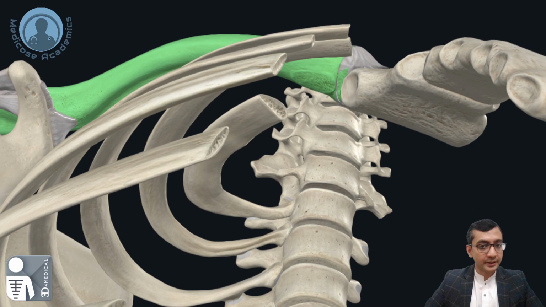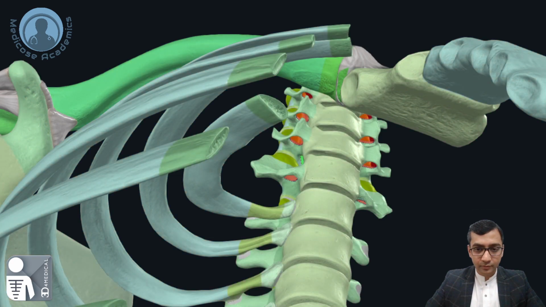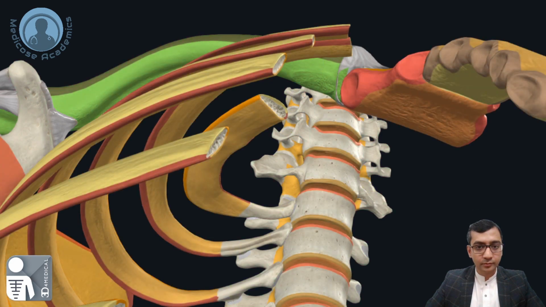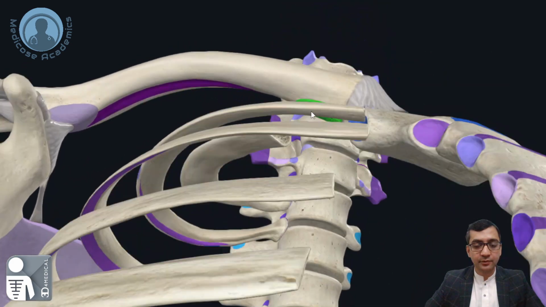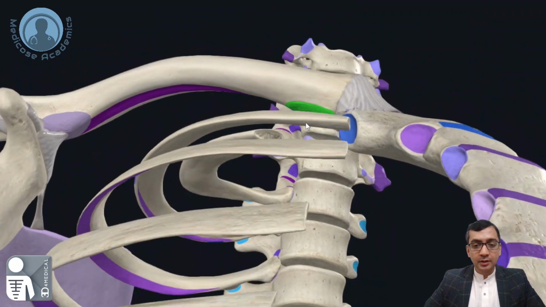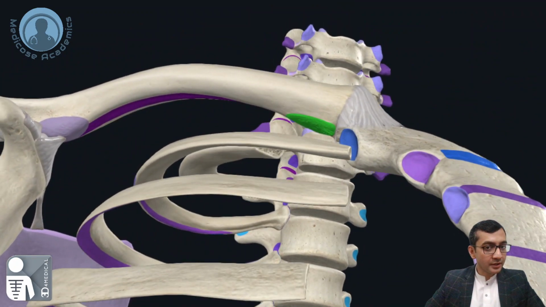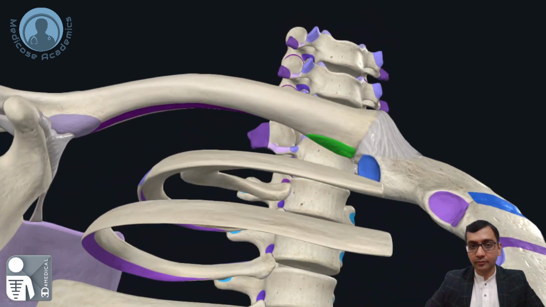This area is the attachment for the costoclavicular ligament.